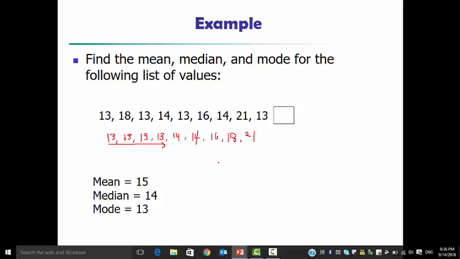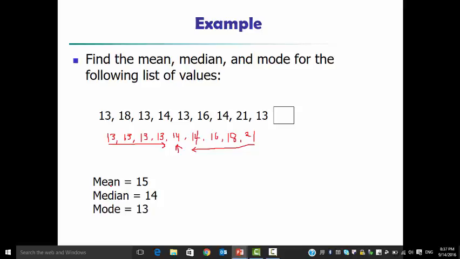We count to 4 from left, and also we count 4 from right, right. So what is the center? 14. Center is 14. Which 14? This 14 is the median, not that 14. We cannot tell, but clearly in this order, then we can say that's 14. That is a median.